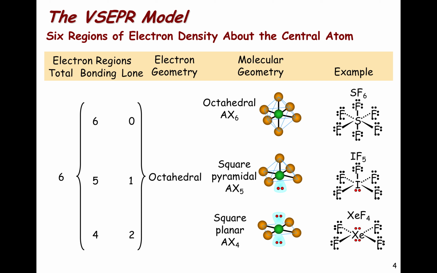The final example here is 4 bonding regions and 2 lone pairs. To get the lone pairs as far away from one another as possible, we put them on opposite sides of the octahedron, and so the molecular shape for something like xenon tetrafluoride is described as square planar, where all of the angles between the fluorine, the xenon, and the fluorine are approximately 90 degrees.